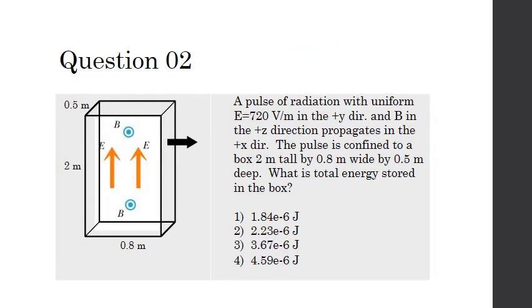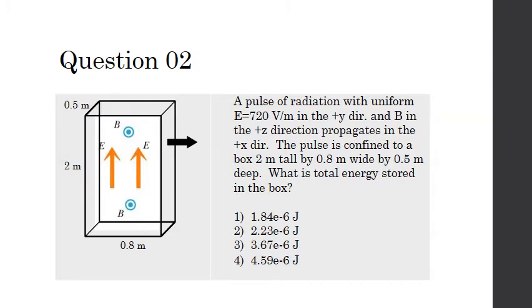All right, how about this question? You have a pulse of radiation with a uniform E field of 720 volts per meter in the plus y direction. B is in the z direction. It propagates in the plus x direction. The pulse is confined to a volume of a box that's 2 meters tall, 0.8 meters wide, and 0.5 meters deep.